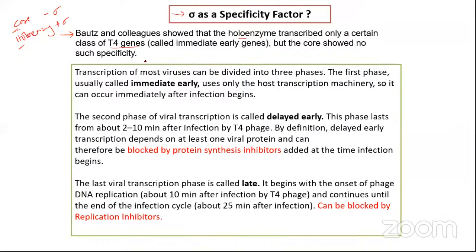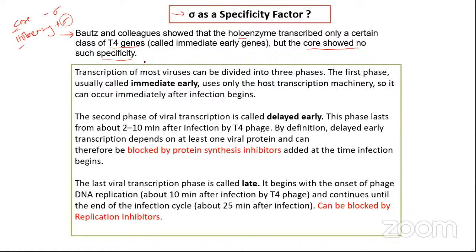On the basis of that, they concluded that the specificity of transcription which is necessary for RNA polymerase is only associated with the holoenzyme. So it is obvious that perhaps sigma factor is providing that specificity.